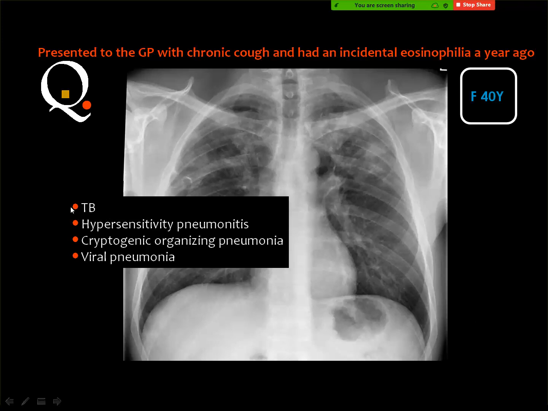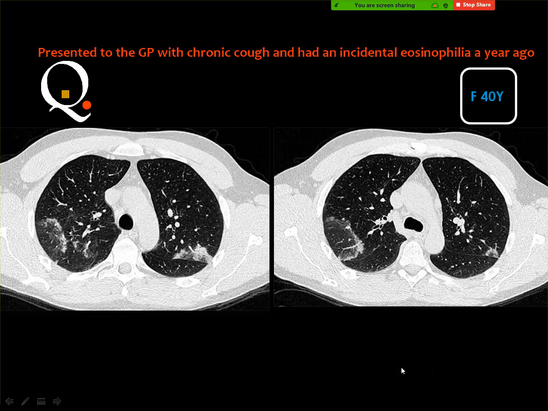Then these are the choices. Do you think that this is TB? No. Hypersensitivity pneumonitis, cryptogenic organizing pneumonia, or viral pneumonia? Hypersensitivity pneumonitis? Are you sure? Cryptogenic organizing pneumonia. Hypersensitivity pneumonitis needs a positive history of allergen exposure, and I think the best choice is cryptogenic organizing pneumonia.